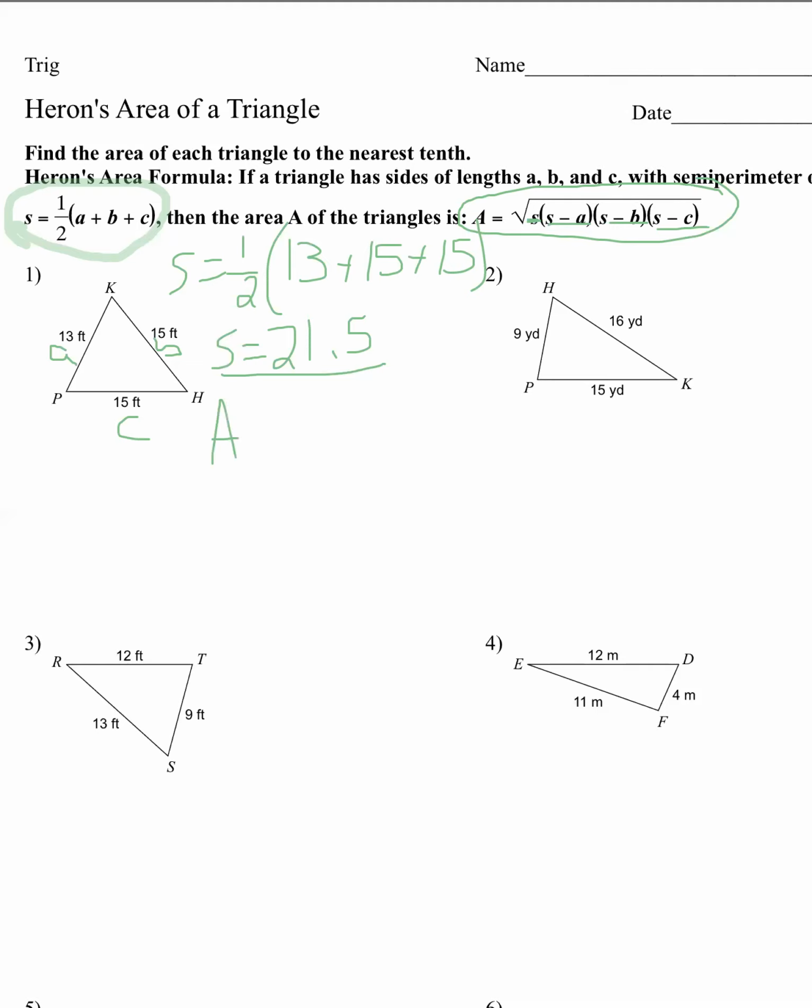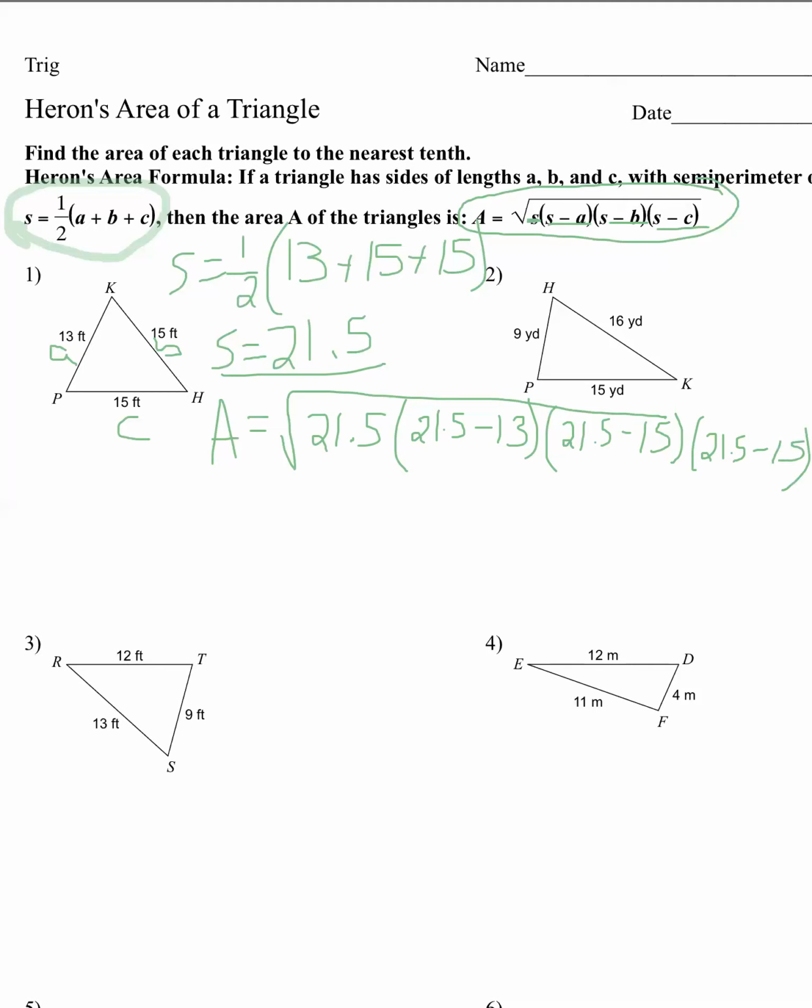So A equals big old square root. S is 21.5 times, I need to do S minus A. So 21.5 minus, I said A was 13. And then I'll multiply that by S, so 21.5 again, minus B, which I labeled as 15. And then one more, 21.5 minus C, which is 15.